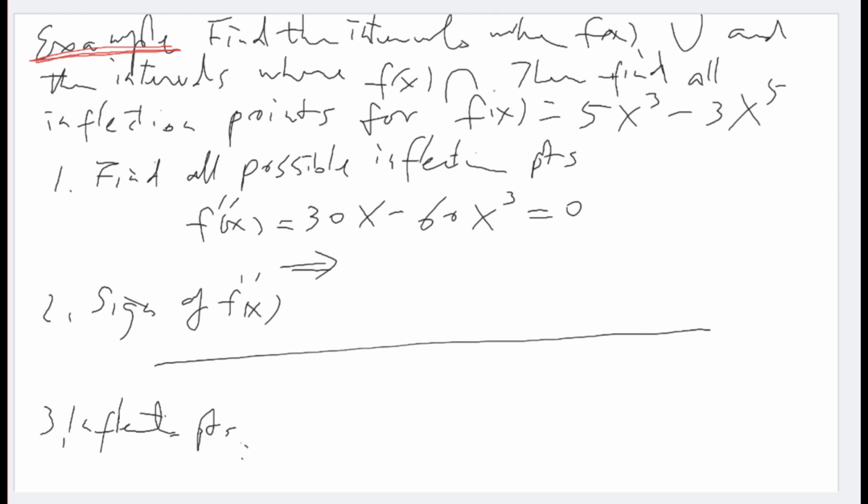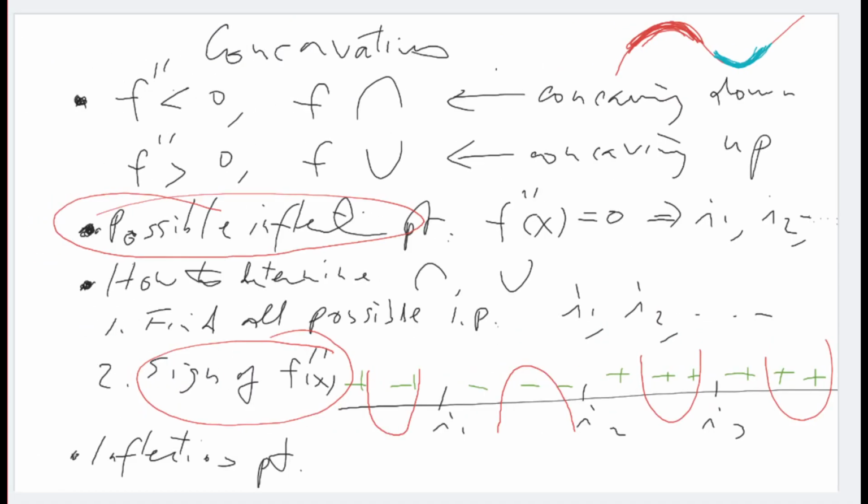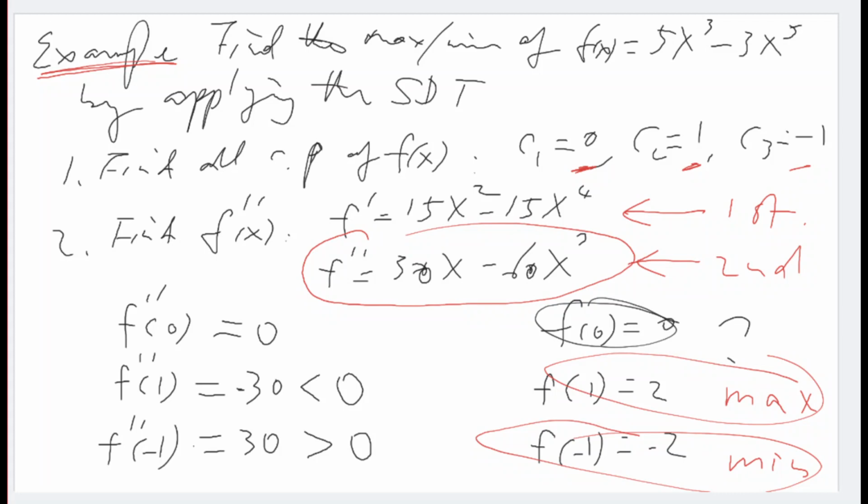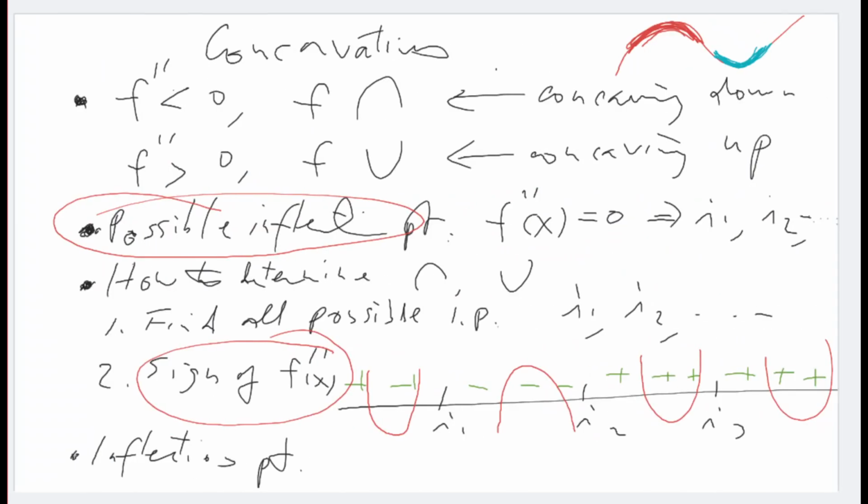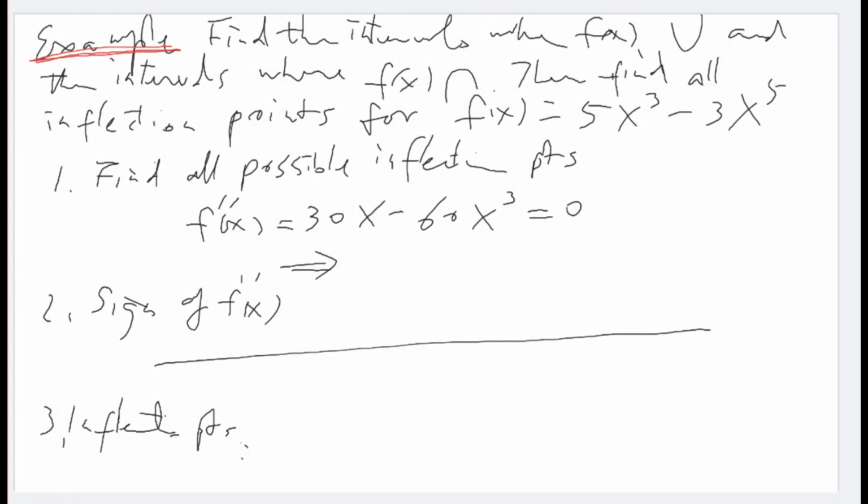For the same exact function, we find the same first derivative and second derivative, and we can use the results obtained before. So, find our possible inflection points. To find a possible inflection point, we set the second derivative to 0. For this function, we found the second derivative to be 30x minus 60x to the third power. How do we solve it?